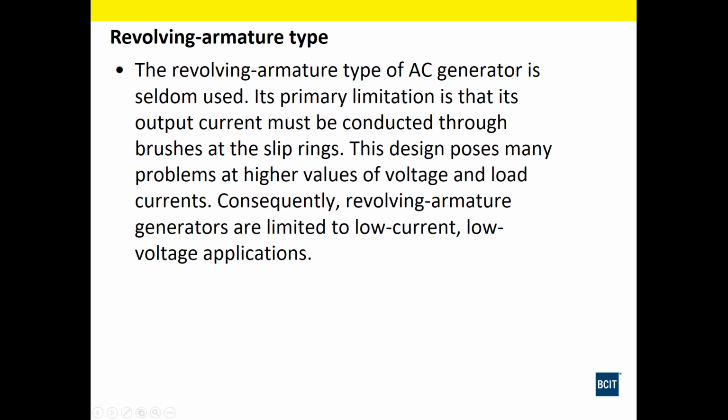Revolving armatures are, again, not used too often, because the output current has to go through brushes and slip rings. With higher voltages and higher currents, the rotating armature type is not too effective.